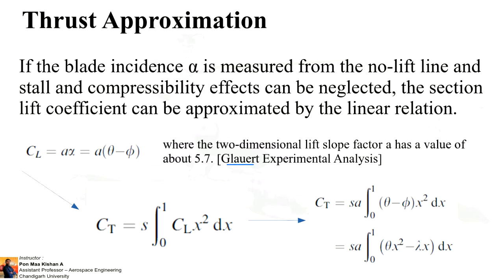Based on Clark's experimental analysis, the slope factor A has a value of 5.7. This is additional information which you can have. Those who are interested, you can read about Clark's helicopter experimental analysis. That will be very interesting. So CL is equal to A alpha.